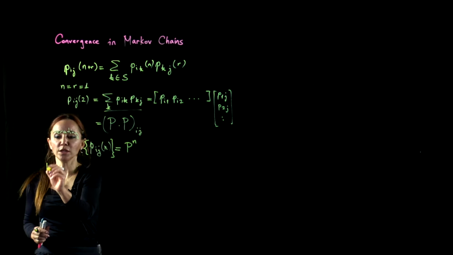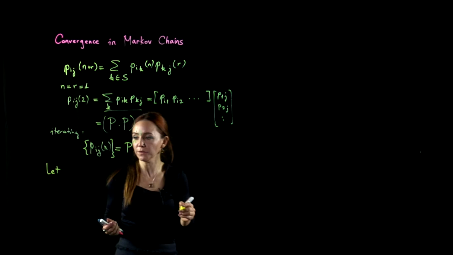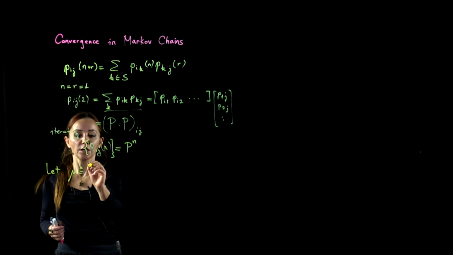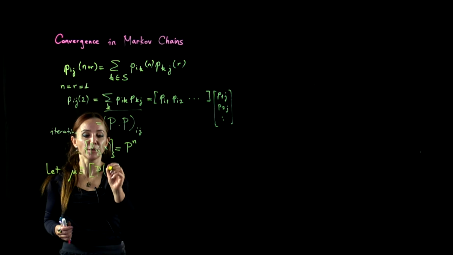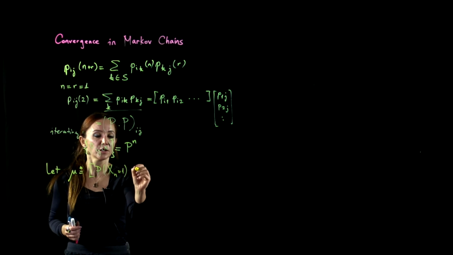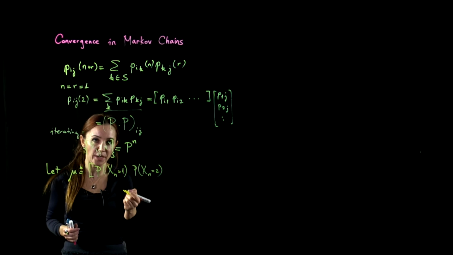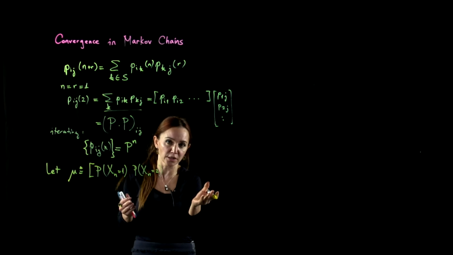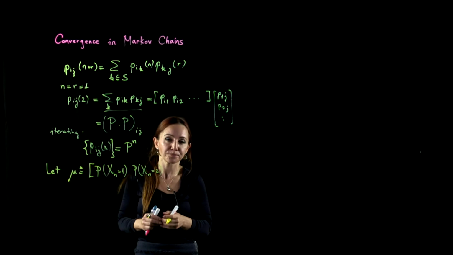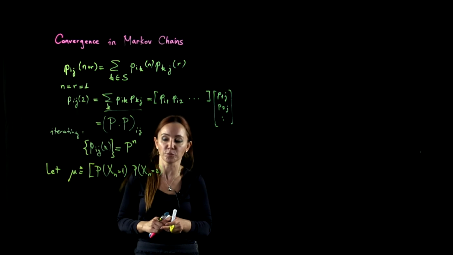Okay, so let's talk about a probability vector that evolves in time. Define the vector mu as the vector of probabilities: the probability that X_n is 1, the probability that X_n is 2, and so on. Remember, our state space is the positive integers, either finite or countable, and does not have to be finite.